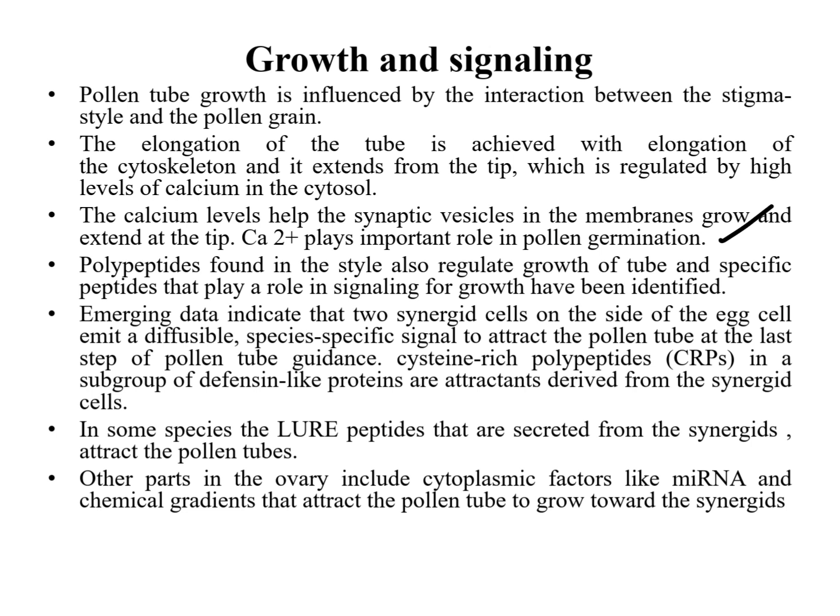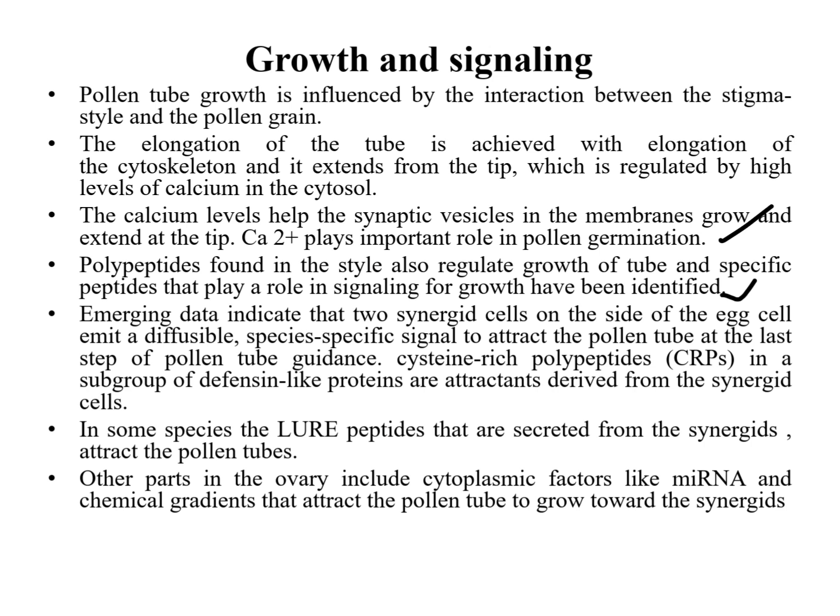Then polypeptides found in the style also regulate the growth of the tube, and specific peptides that play a role in signaling for growth have been identified. Emerging data indicate that the two synergids on the side of the egg cell emit a diffusible, species-specific signal to attract the pollen tube at the last step of pollen guidance.